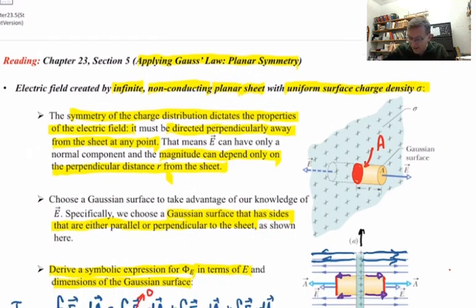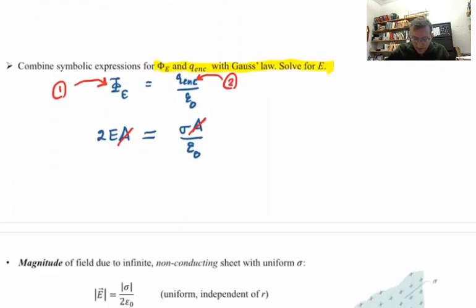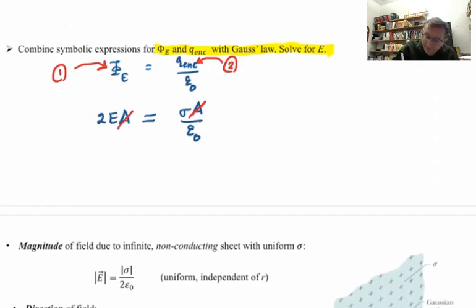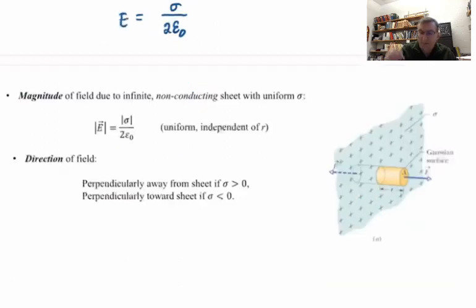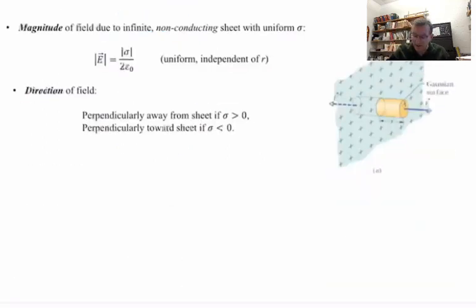So the fortunate thing is that that A canceled out, and so when we solve for E magnitude for this sheet, this is just the magnitude of the field, we get the charge per unit area of it over 2 epsilon 0. And so now, on the next slide, I summarize this result.